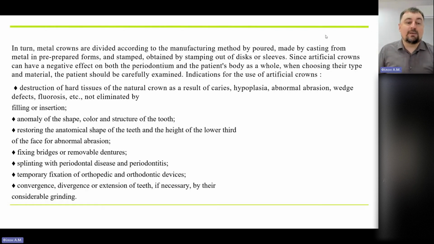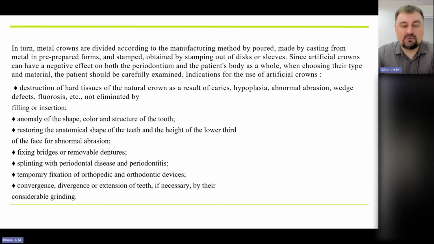Or if you're talking about abnormal abrasion, then the teeth are lower than they should be because of abrasion. You have to remake them and make their form normal again, to make them high again by crowns. What else? Splinting with periodontal disease and periodontitis. Temporary fixation of orthopedic and orthodontic devices.